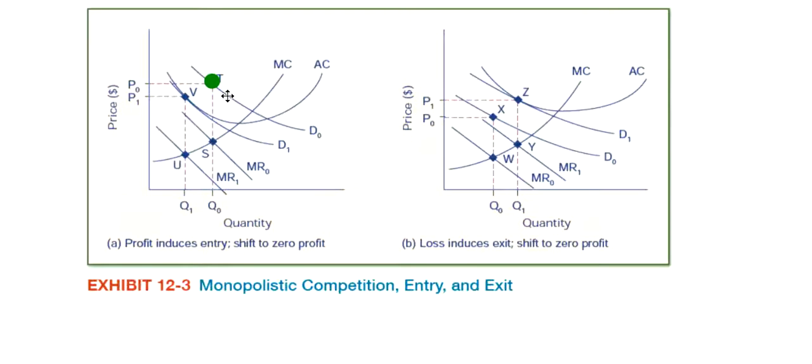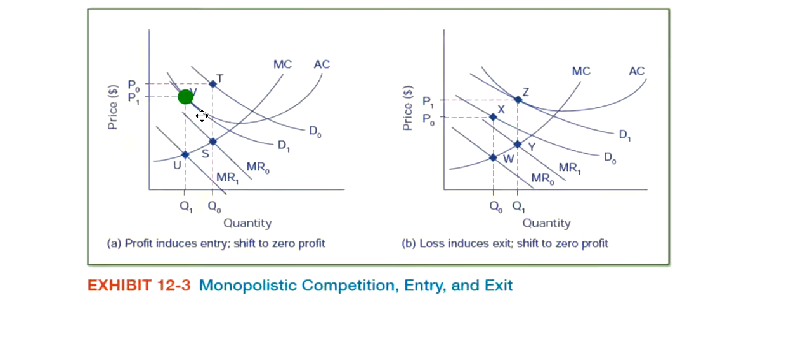So what happens is firms are going to come into the market, which is going to mean each individual firm's demand curve is going to shift to the left because consumers have more choice and can go to other bakeries. So the demand curve is going to shift to the left until we get to a point where each firm in the market has a price that is equal to their average total cost right here, and that's going to be at their long-run equilibrium and zero economic profit.